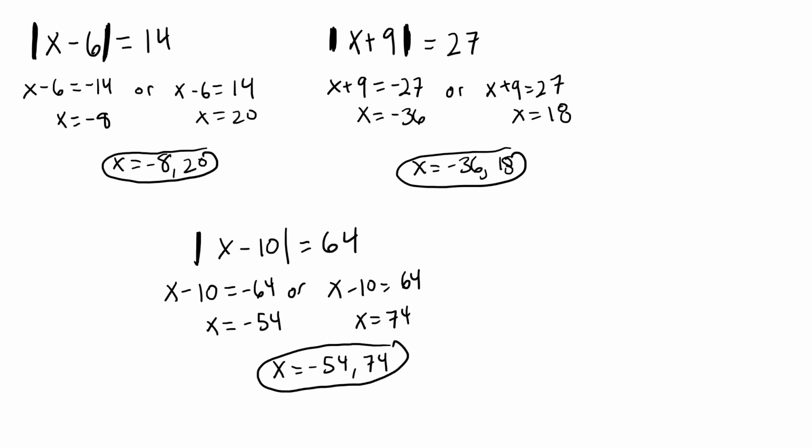Okay, we'll do one more kind of these problems. So let's look at this problem. 3x minus 4 equals 6. Okay, so we want the same idea, but now we got a little bit more complex thing inside the absolute value, which is fine.